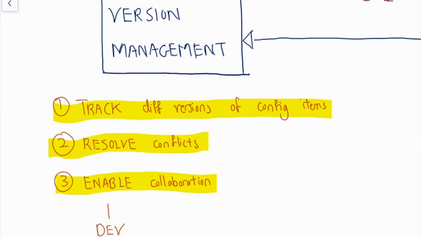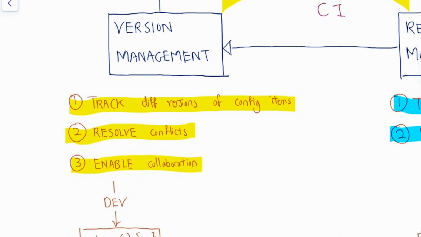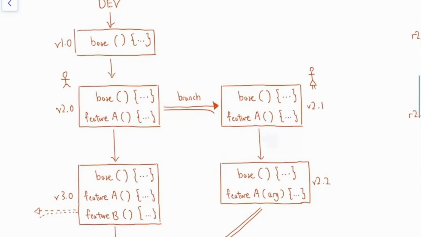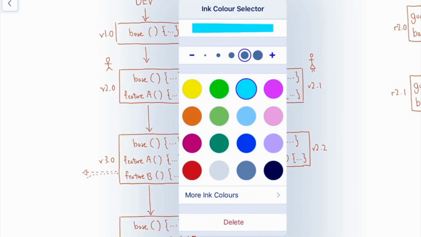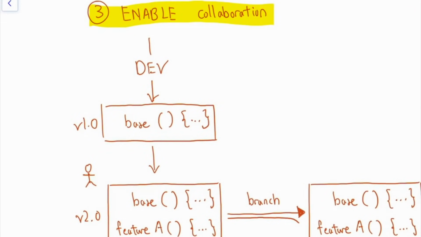So if we focus on version management first, an example of a version management process that is enforced using a tool is as such. Here we can see that we start with a so-called development branch of our code.